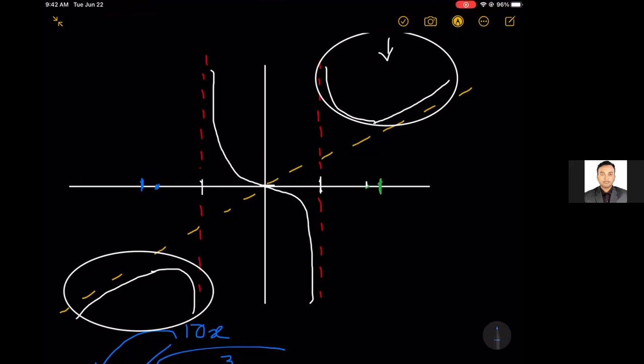Let's try a problem, and then we'll come back to the questions, if any. Which one should we try? Let me generate one for you. Okay, yeah, let's try this one. Let's try an easier problem.